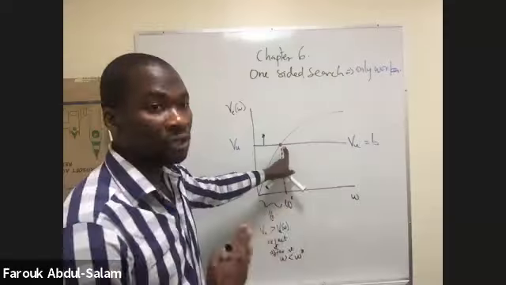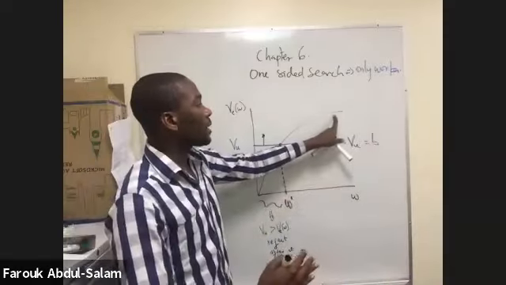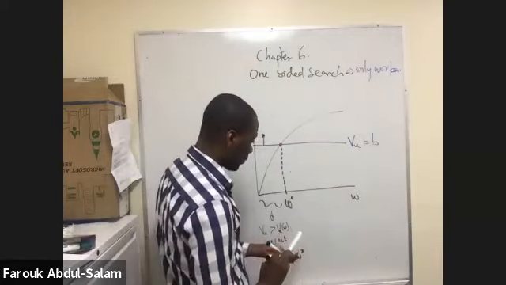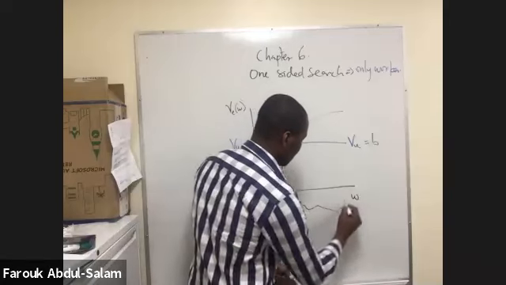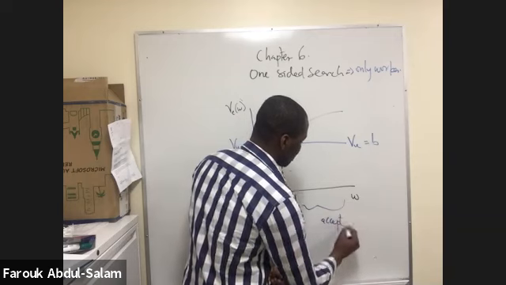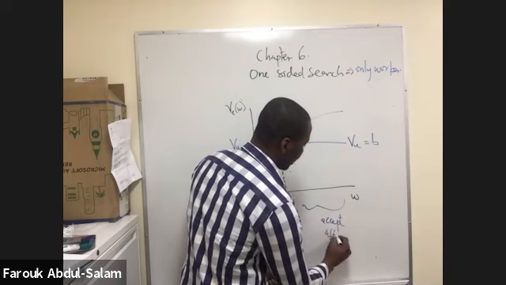When it goes above it, the value of working is higher than the value of not working, so you're going to work. Every point above this level, you accept any offer that comes to you, and you will work.